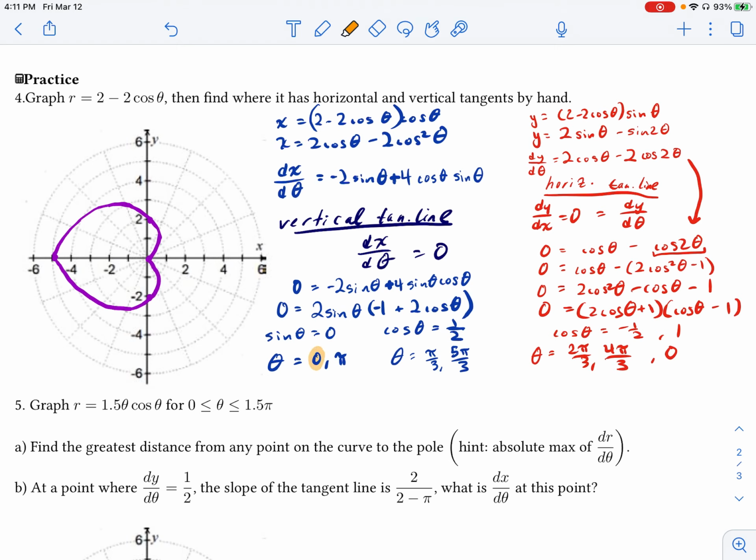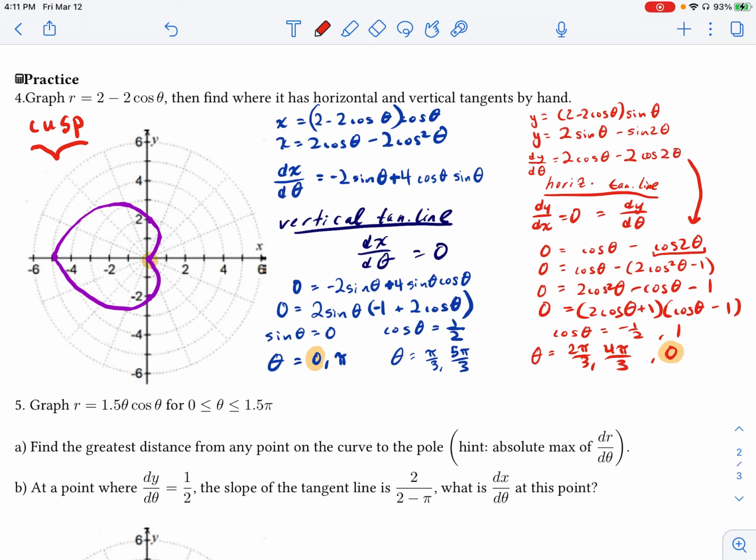However, let me draw to your attention the fact that I am getting a value of 0 in both my vertical and my horizontal tangent line places. Well, what's happening when theta is equal to 0? When theta is equal to 0, notice that point there. So for that cardioid, what we have here is a cusp. And think back to what we know about the differentiability at cusps.